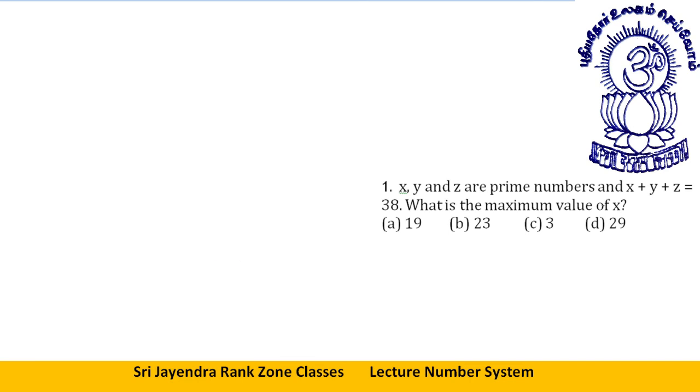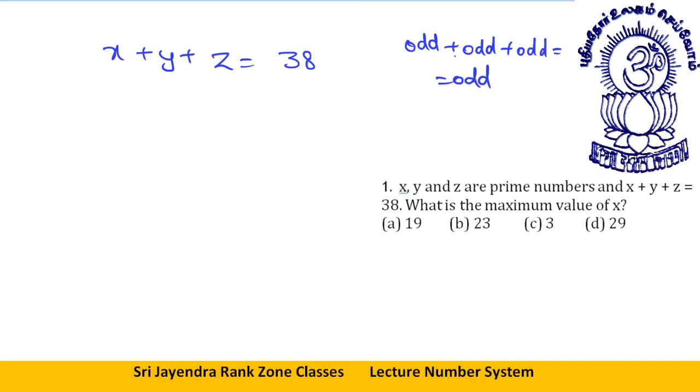X, Y, Z are prime numbers and x plus y plus z is equal to 38. What is the maximum value of x? Look, x plus y plus z is equal to 38. See students, I know prime numbers are generally odd. If I do odd plus odd, that will be what? That will be odd. Getting it?